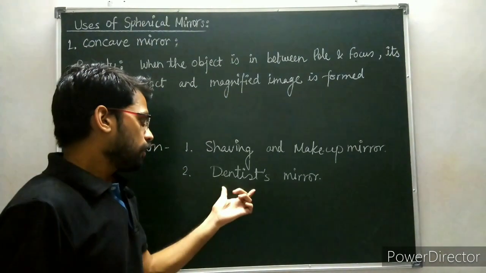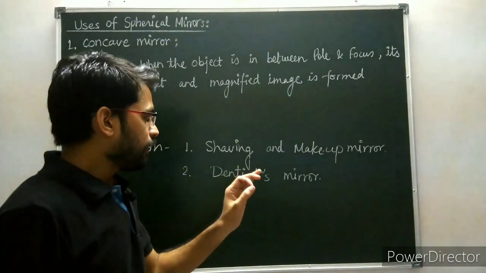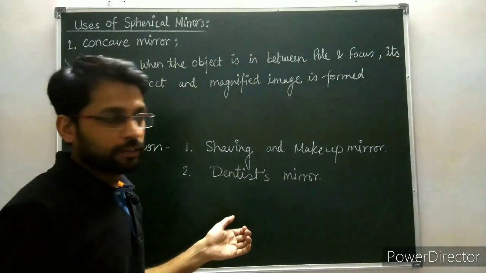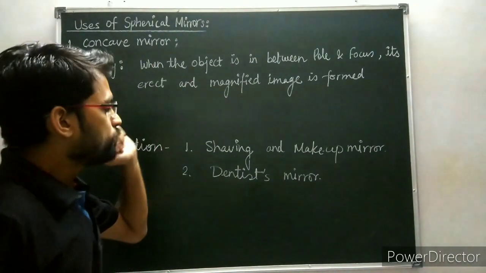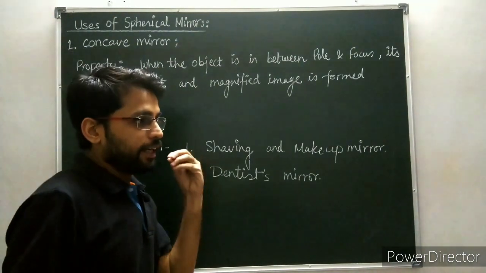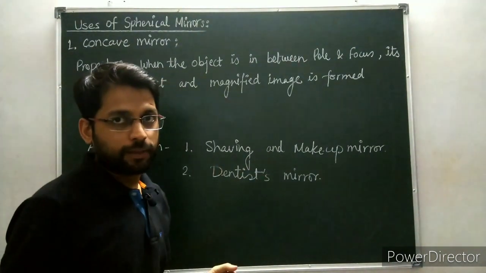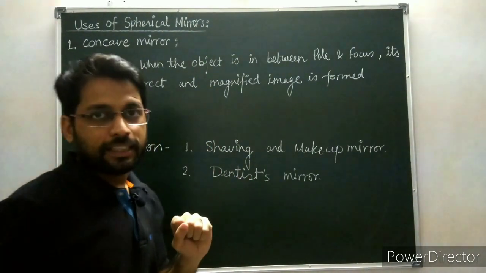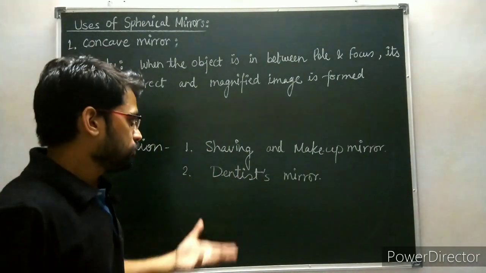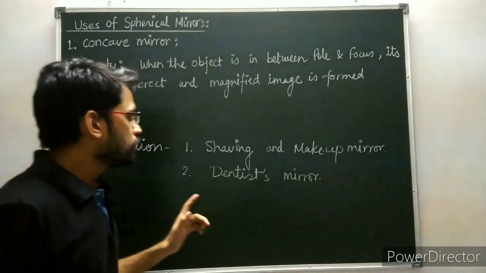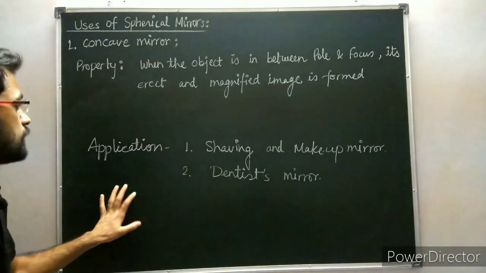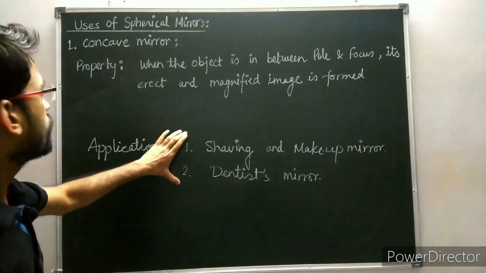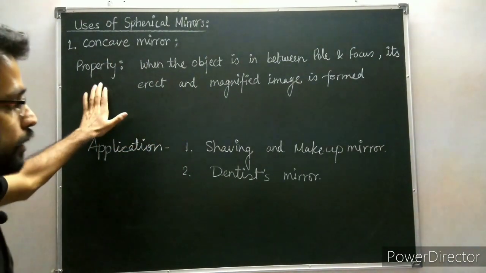When the tooth is kept in between the pole and focus of the mirror, then the concave mirror produces its enlarged image, so that the dentist can see the cavity and other defects. So these are the applications of the concave mirror under this property. Note it down.